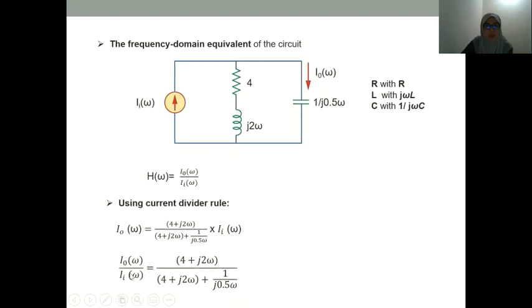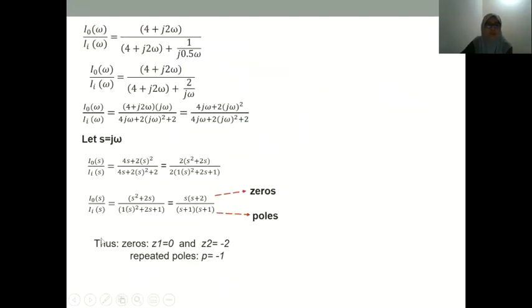Then you bring your supply current over to get the transfer function. So what you have is 4 plus J2 omega divided by 4 plus J2 omega plus 1 over J 0.5 omega. And now you simplify.